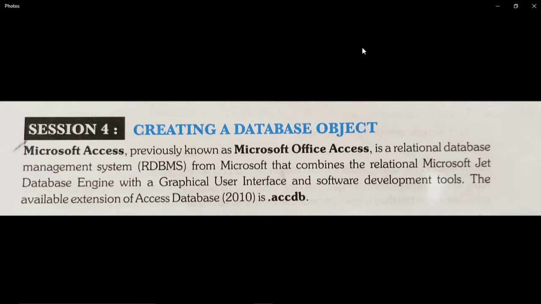So this is our unit 7, and in this we are learning almost in session 4. This particular session is dedicated to creating a database object. Now it's time to do practical.